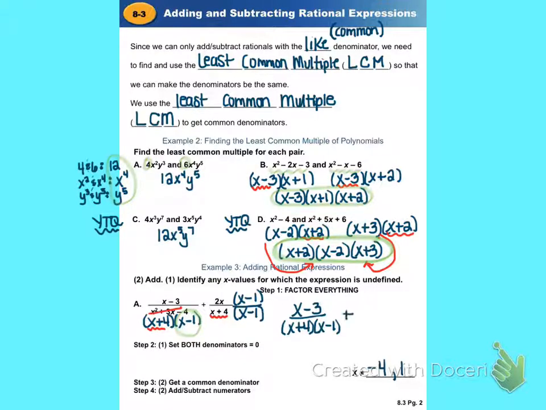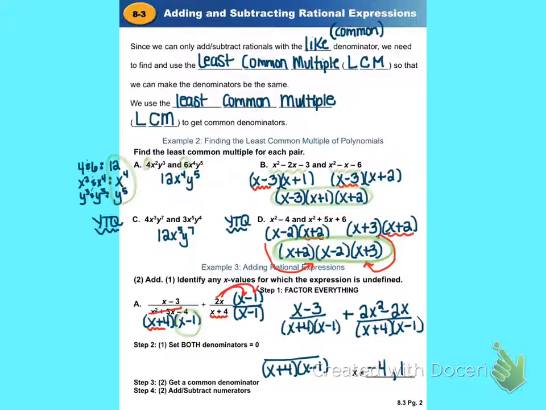And now I'm going to add to it what I get here. Well, I want to go ahead and distribute this first to make sure I know exactly what that numerator is. It's going to be 2x squared minus 2x, over the common denominator of x plus 4 and x minus 1. And now I can go ahead and add the numerators together. My denominator I know is going to be x plus 4, the common denominator, and x minus 1. And now my numerator is going to come from adding my like terms.